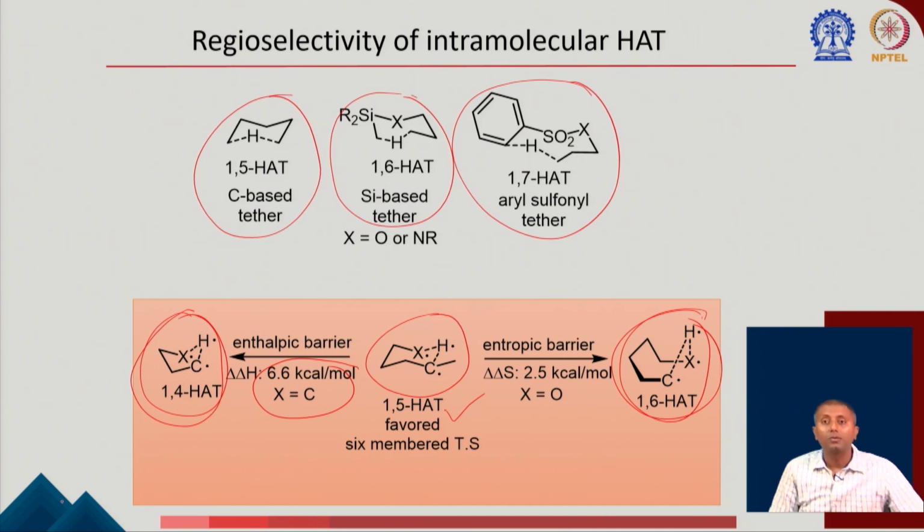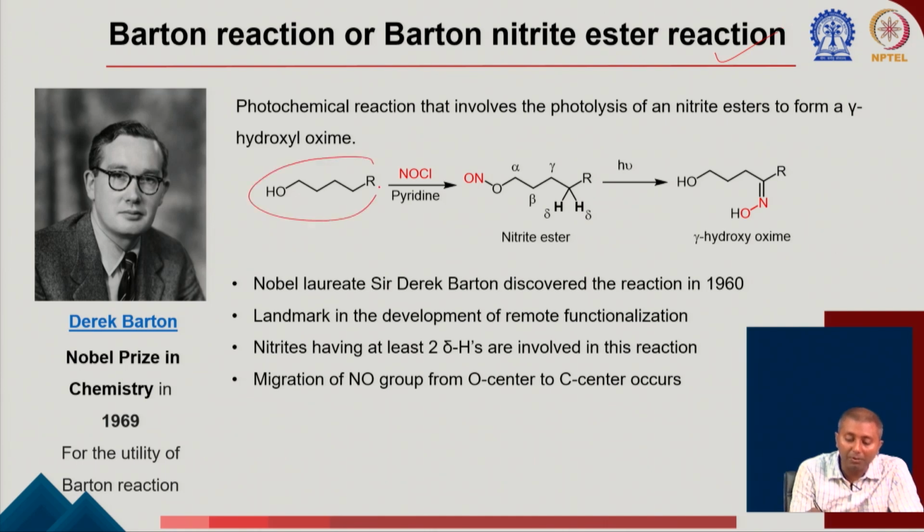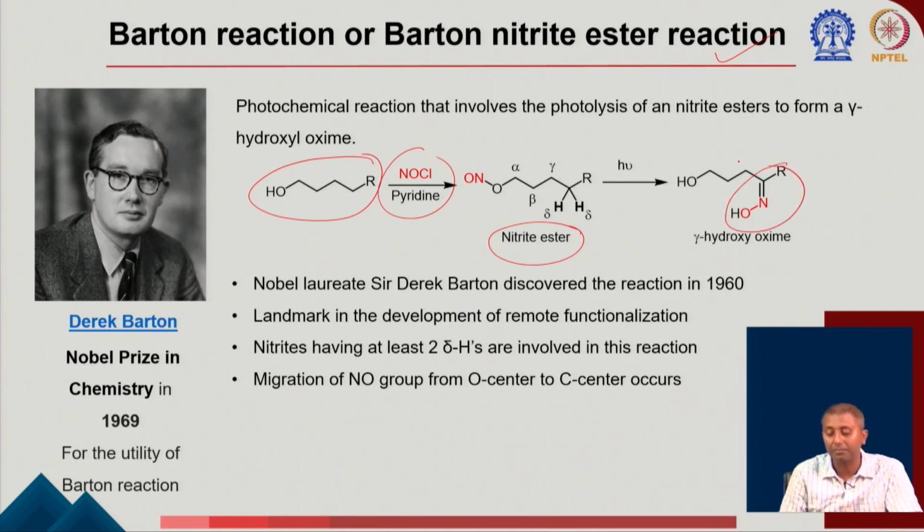Now I am going to talk about an important reaction called the Barton nitrite ester reaction. What is happening here? In this reaction, starting from the corresponding alcohol, in the presence of NOCl and pyridine, it forms this nitrite ester, and then it forms the corresponding hydroxy oxime at this particular position.